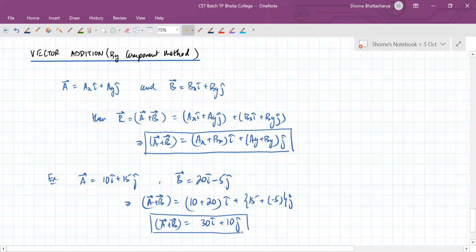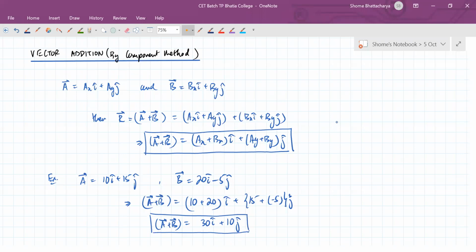Okay. So this is a very simple process and can be basically solved just like we have normal algebra. We use addition. During normal addition of multiple terms, we can take common terms.